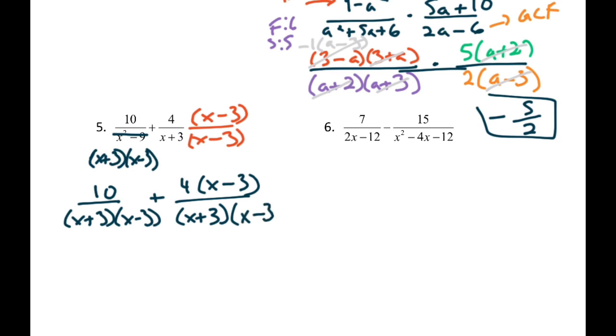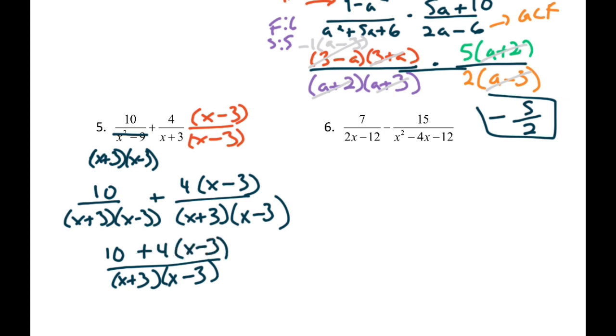And now we have common denominators, so we can combine these into one fraction of x plus 3, x minus 3. So I have 10 plus 4 times x minus 3. And this, distribute the 4, so I'll get 4x minus 12. And I'm just running out of room, so I'm just combining these a little bit.